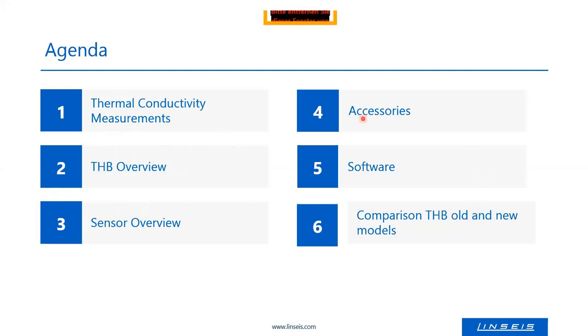I will present the accessories for the Transient Hot Bridge. I will show you the software, and at the end we will compare the older versions of the THB and the new models.